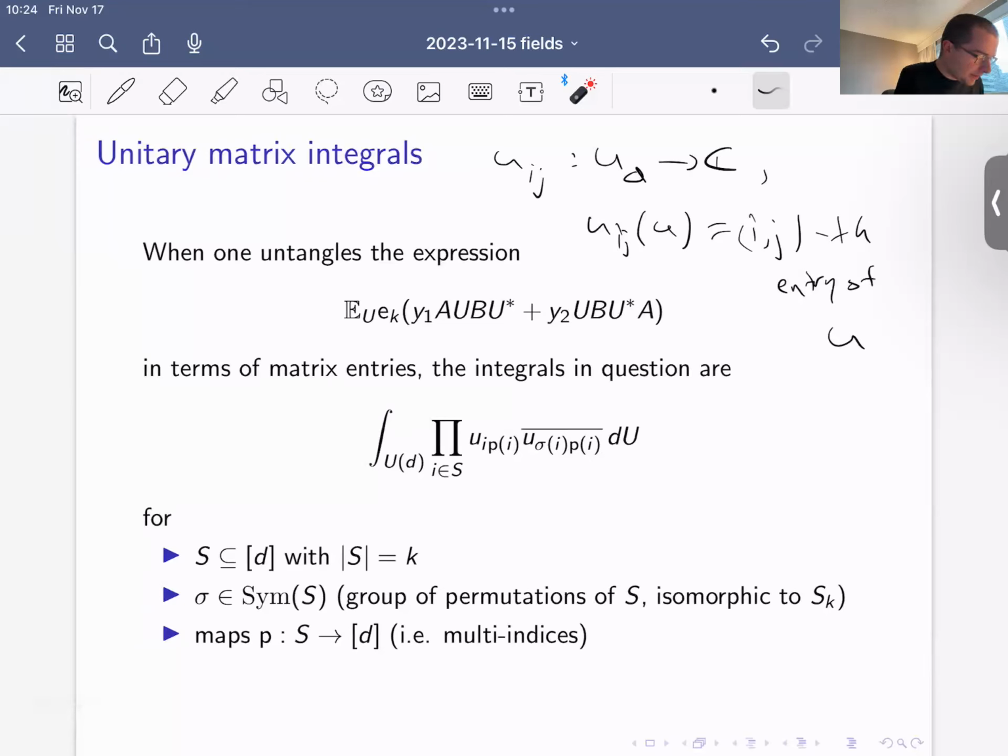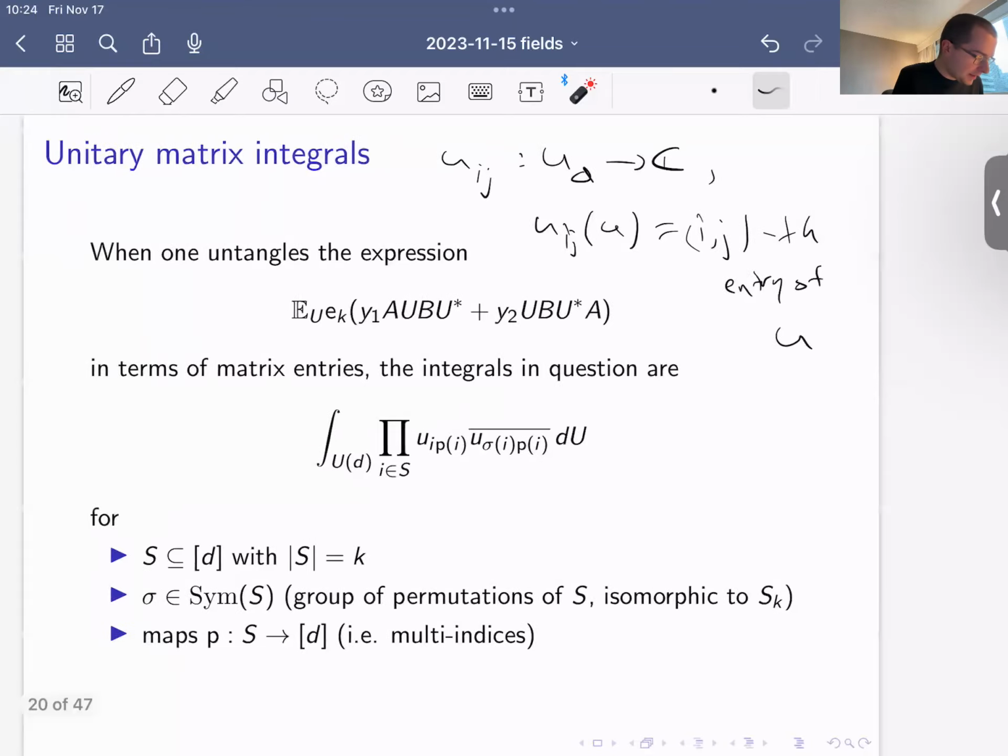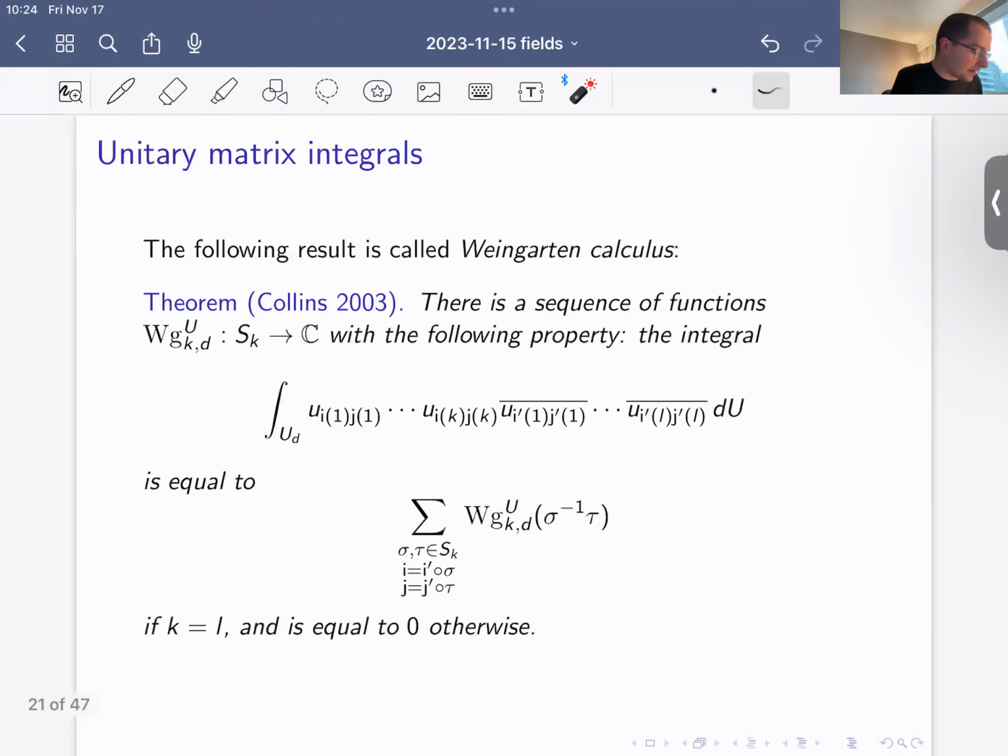And so basically we need a good tool for integrating things like this. And this is called Weingarten calculus. It's a very good way of handling these integrals. In this form, it was developed by Collins in 2003.